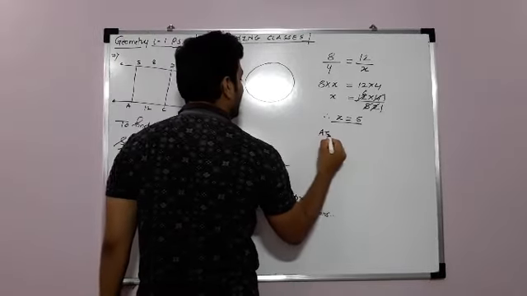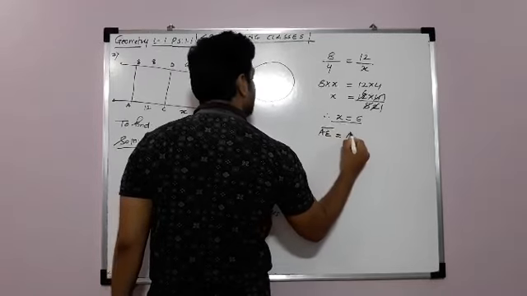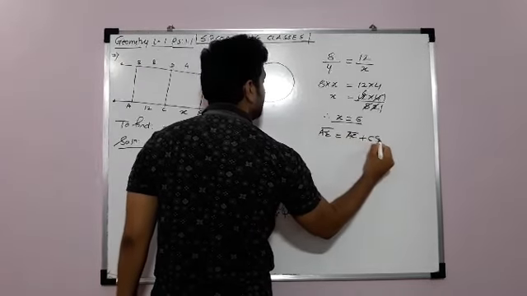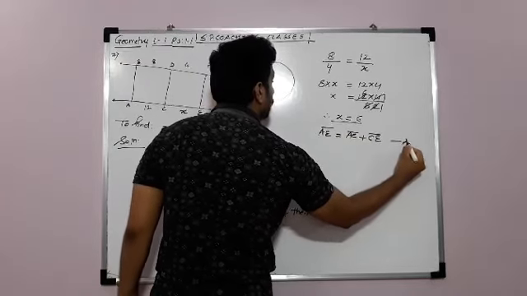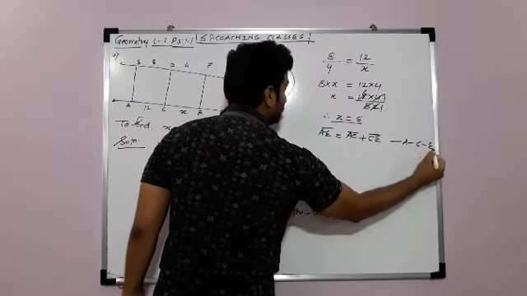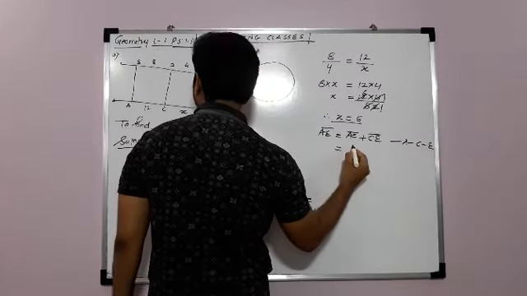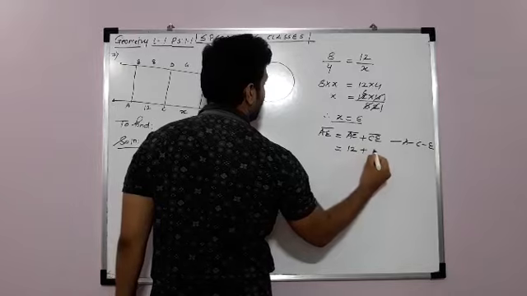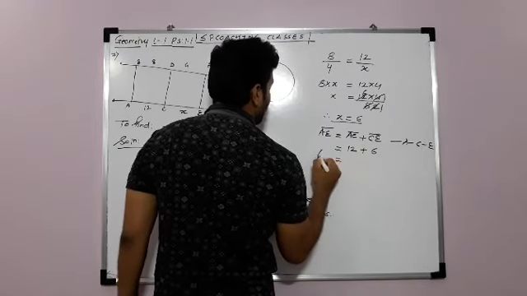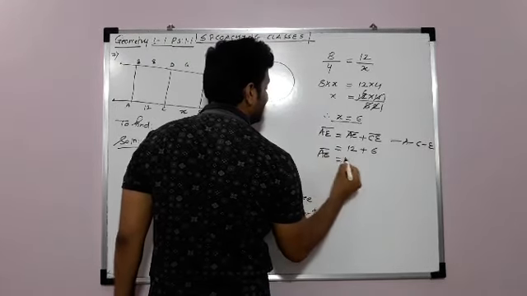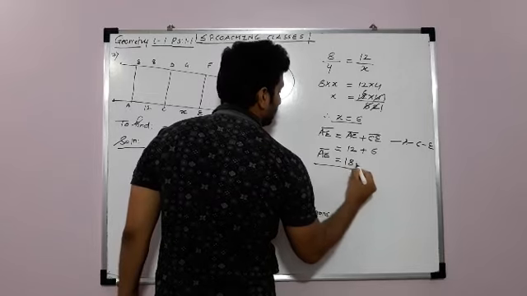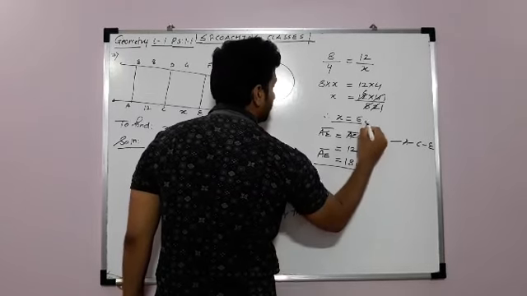So what is AE, guys? AE is AC plus CE, as the points A, C, E are collinear, and simply put the values. Now what is AC? It is 12 and CE is 6. So finally what is AE, guys? It is 18 units. Hope you have all got it.